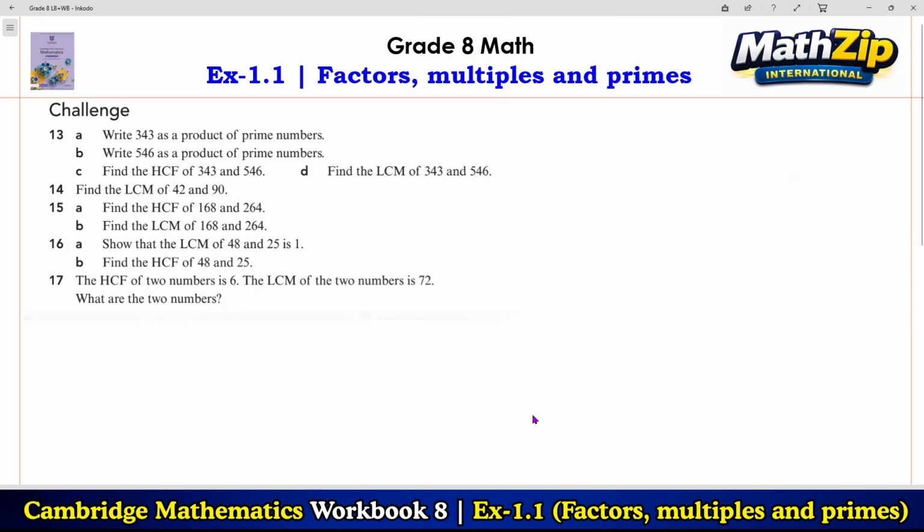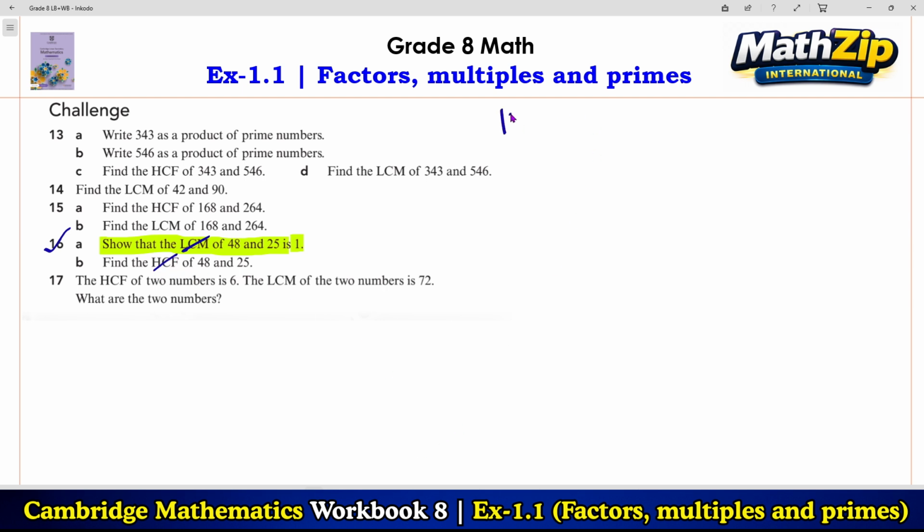Question 16. Look, question 16 has a printing mistake. Here it is mentioned: show that the LCM of 48 and 25 is 1. It should be HCF, right? It's not LCM. And find the HCF of 48 and 25, it should be LCM.